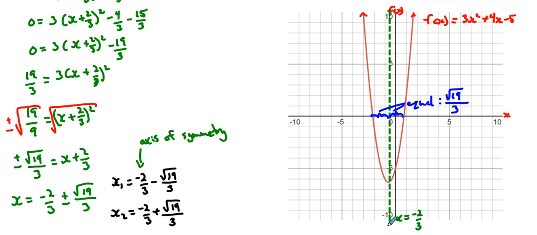So we can see here that we have our negative 2/3, and if we subtract root 19 over 3, we get this value. And if we wanted to plot a coordinate here, this would be negative 2/3 minus root 19 over 3, comma 0. And this point right here, my x2 value, would be negative 2/3 plus root 19 over 3, comma 0.